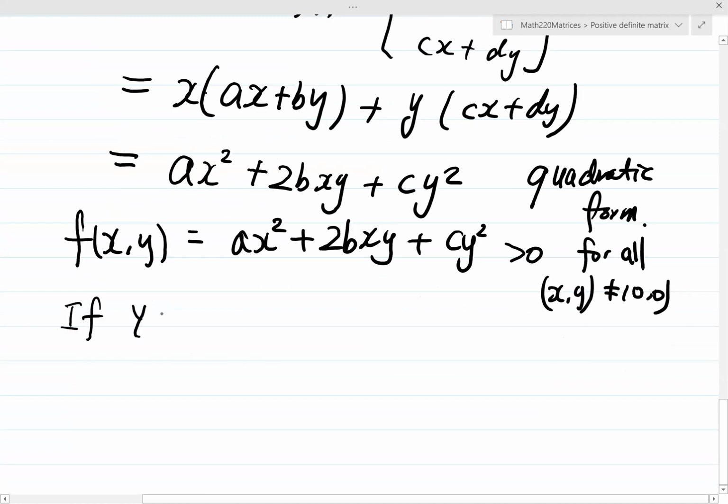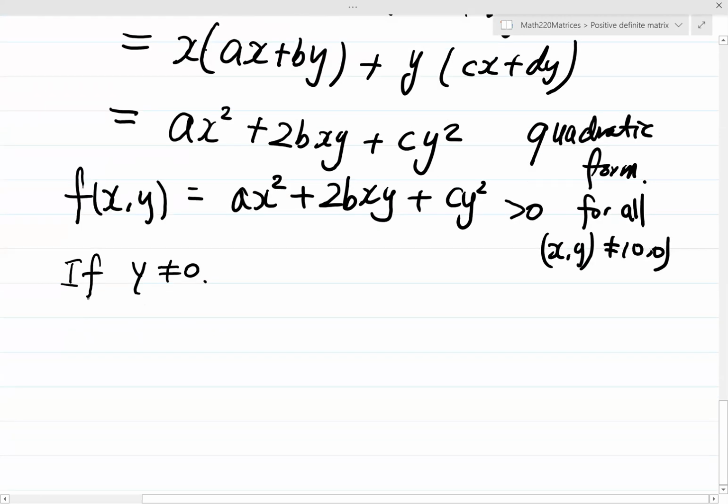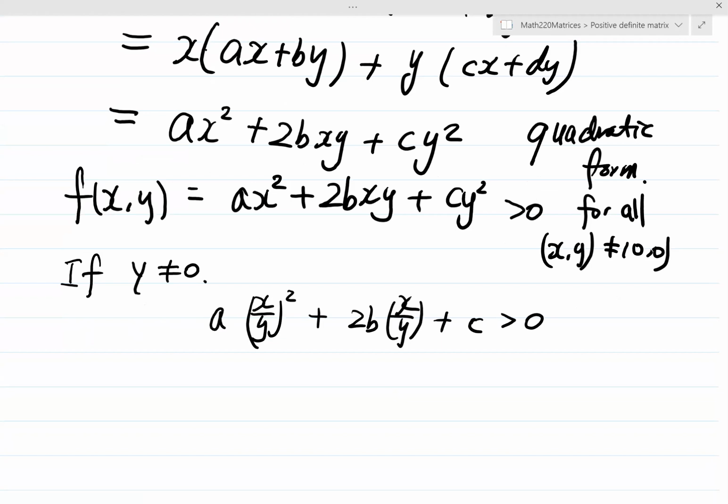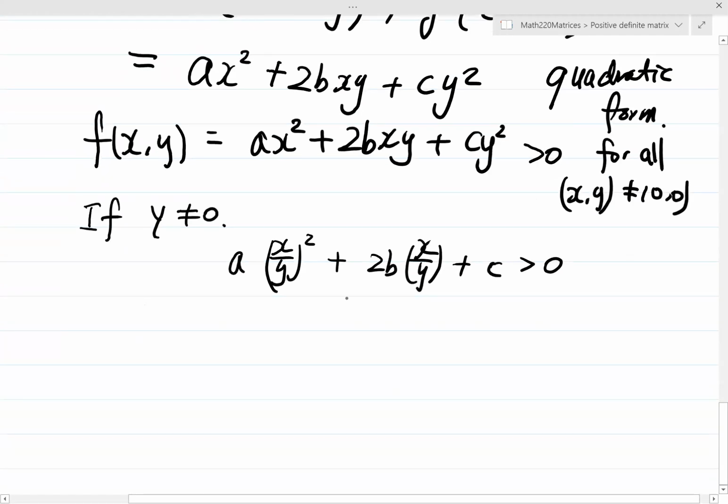If y is non-zero, then we can divide by y squared, and this is a times (x over y) squared plus 2b times x over y plus c. This is a quadratic function in x over y. It's positive if and only if it's always positive for all x, for x over y can be any number. So this being always positive tells us the quadratic function is always positive.